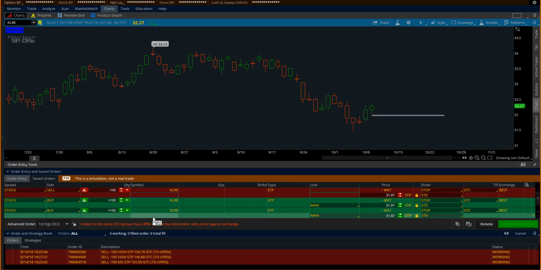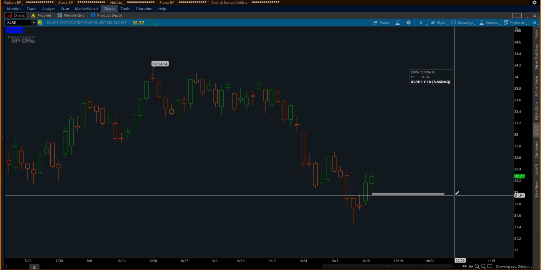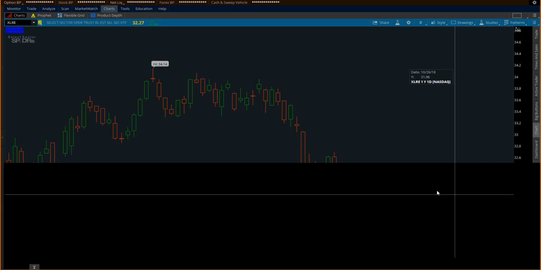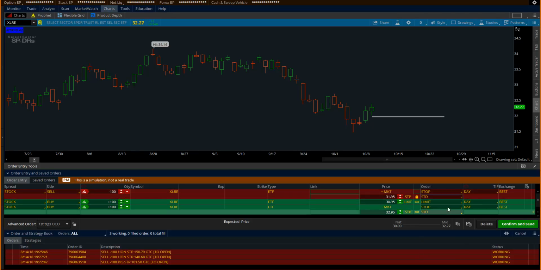Now, don't worry about the mechanics yet. Red, green, green will have the entry, target, and stop orders available for you. Now, let me delete and start over, though, because I'll show you what you can do if you learn how to do this from a chart. Right-click, sell custom with an OCO bracket. Change the first one to a stop.